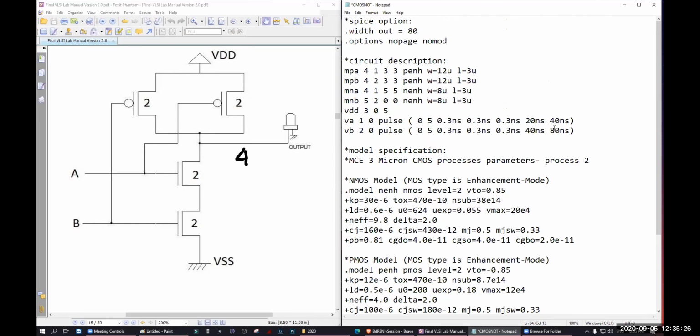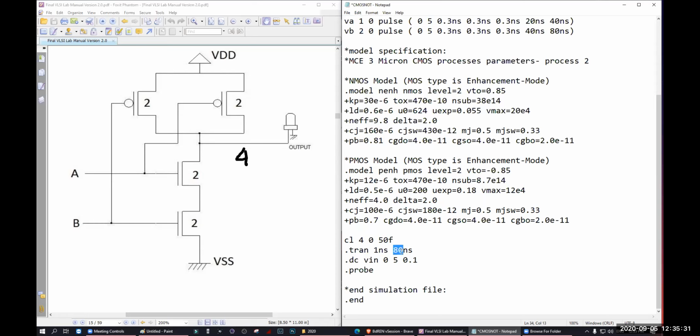Now what is our highest time? 80. So it should be at least 80. If it is less than 80, we cannot see all. So this one and this one should be matched, or I should say this one should be bigger than that. If this is 80, it should be 80 or more.